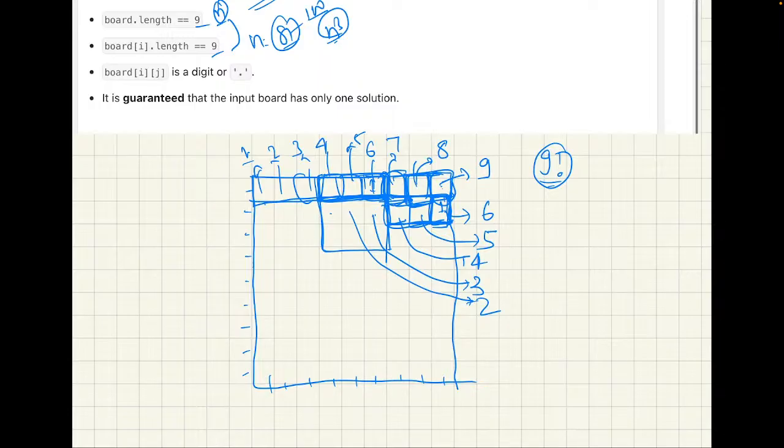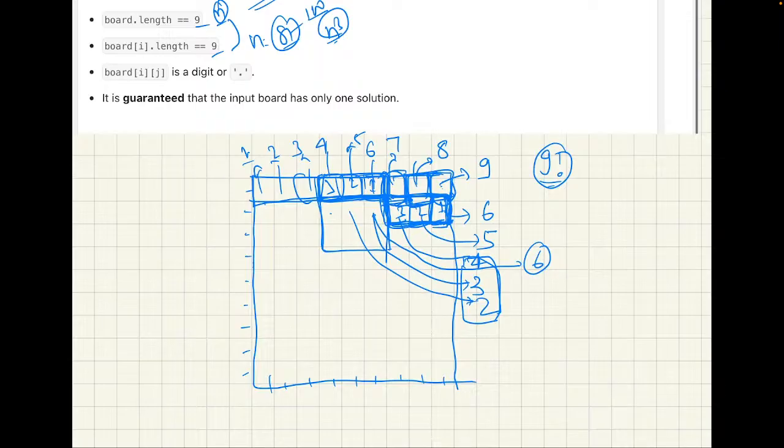It's hard to predict this, but we can surely say that, let's say 1 2 3 is here, 1 2 3 is here. This is the worst case. We can surely say that this can have 6 values in the worst case.